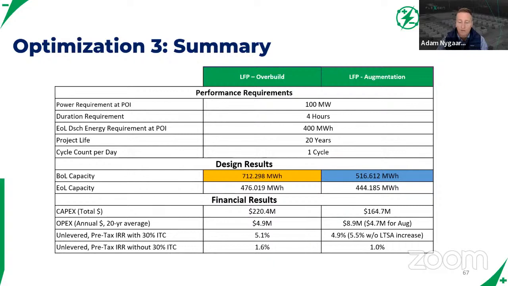If you can click one more button there, Sherif, we didn't add any fees to the OpEx here for that overbuild that would guarantee you that 400 megawatt hours. That would impact these returns as well, and isn't included here, but it's another caveat and fine detail that needs to be thought of when you're making these decisions of whether to overbuild or augment, and how you're looking at different strategies.